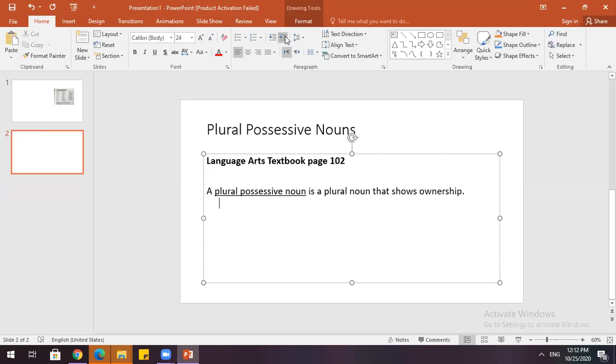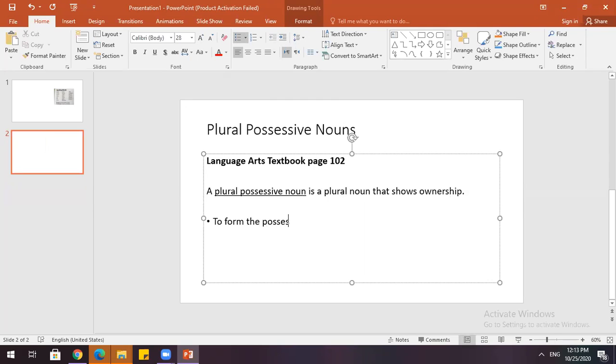For example, the girls' books. There are more than one girl, so girls is plural. We will only add an apostrophe. But if we have a plural noun like children that does not end in s, we will add an apostrophe and s. Okay, so write this in your notebooks, guys.